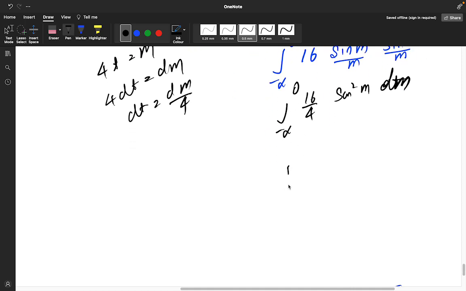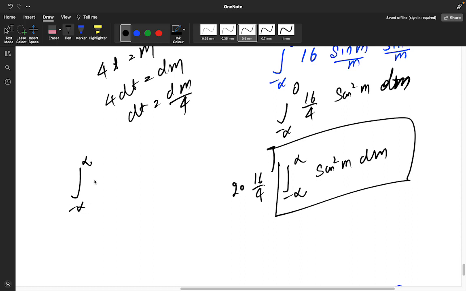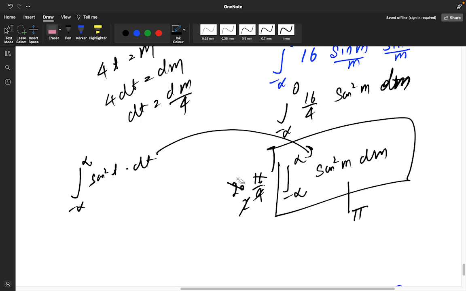Now I'm making it infinite, minus infinity to infinity, sampling square m into dm, divided by 2. It looks like your function only, minus infinity to infinity, sampling square t into dt, and the value of this is pi. 16 by 4, and since infinite you are getting, you need to divide by 2, so you are getting 2 pi.